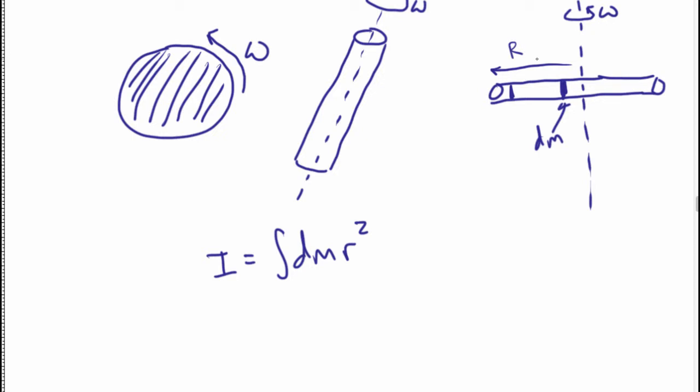So really what I want to integrate over is the radius. I want to be going from r equals 0. The limits of my integral, in other words, would be from 0 to capital R. So I need to write dm in terms of my coordinate system. And we can do that.